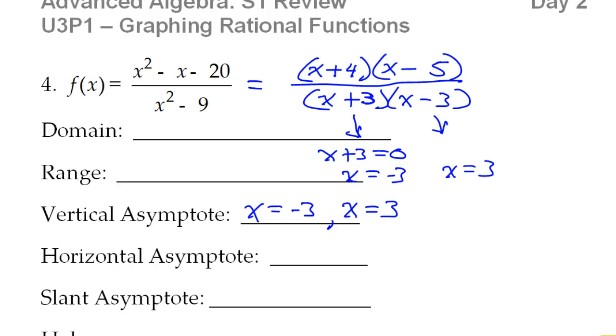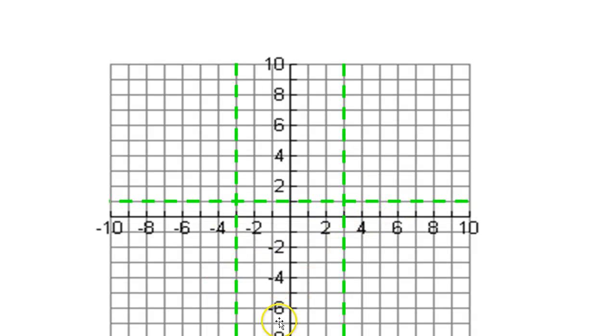So what are the leading coefficients? Well, it's the invisible 1 and this other invisible 1. So there will be a horizontal asymptote, and it'll be y equals 1 over 1, which is just 1. So horizontal asymptote at 1. That's going to look like that.